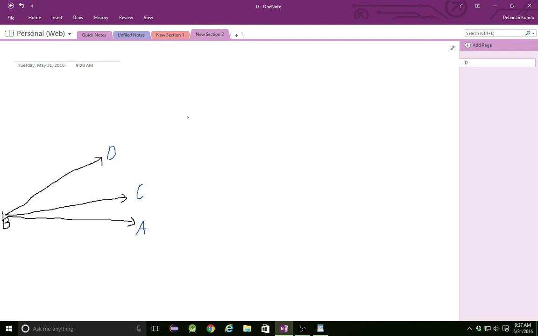So angle ABC, we use this sign over here to denote angle. Angle ABC is adjacent to angle CBD.